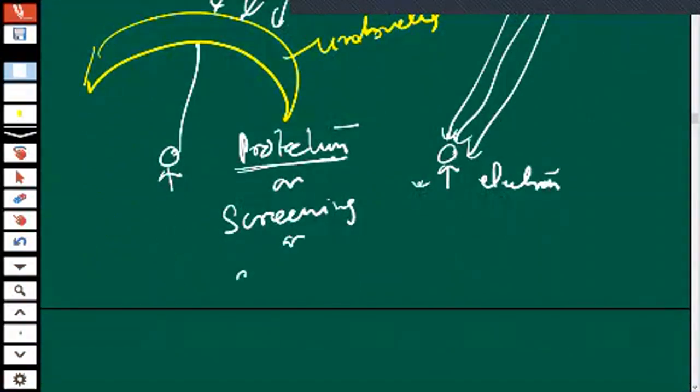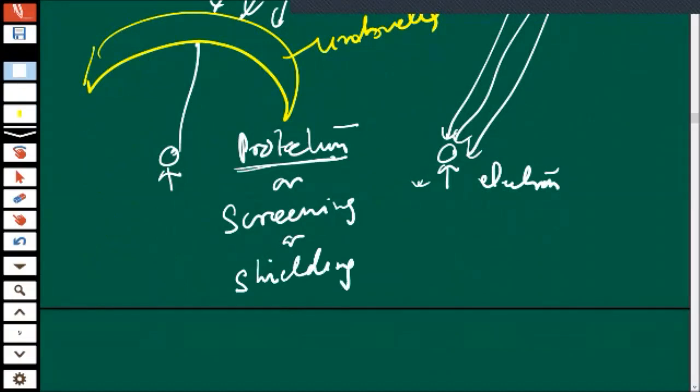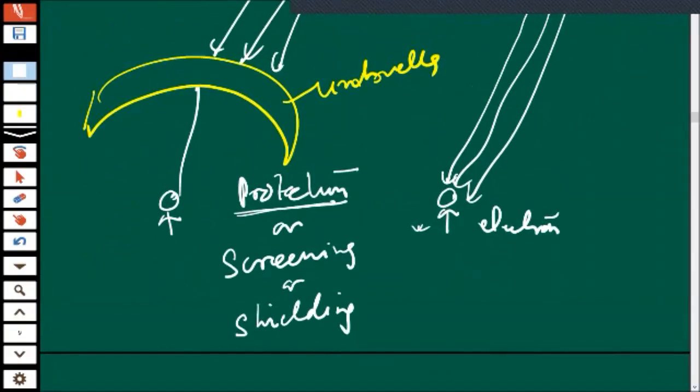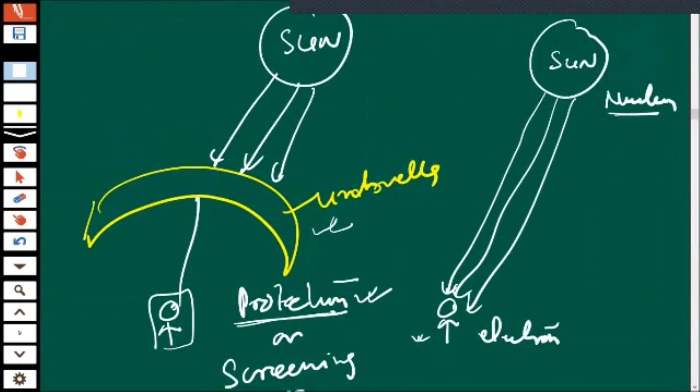Instead of screening, we can use shielding. So what is this umbrella doing to this person? It is protecting this person from the effect of the sun.